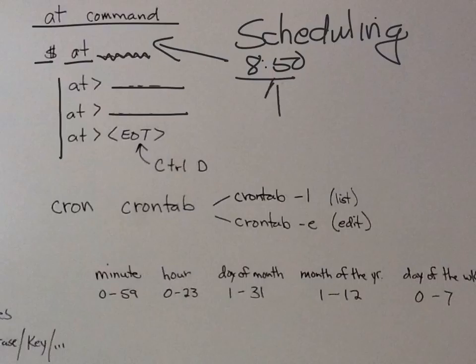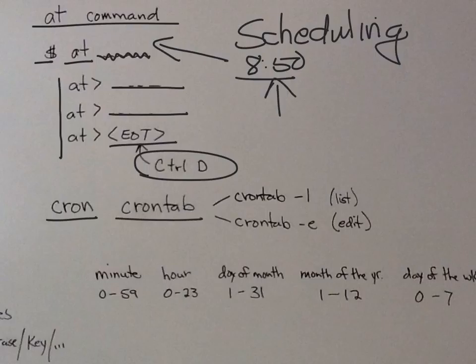That would make sense to be run, so to speak, in the background. And then the end of task, actually, to stop that, you can do a Control-D. And then there are some things that you could type to take a look at those tasks that we'll cover here in a minute.